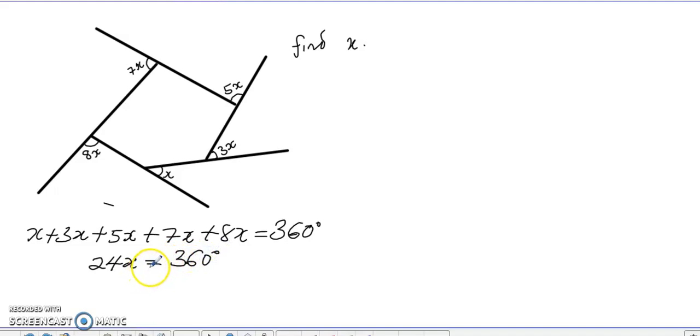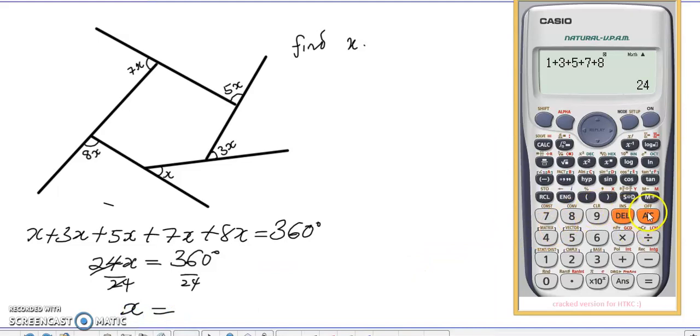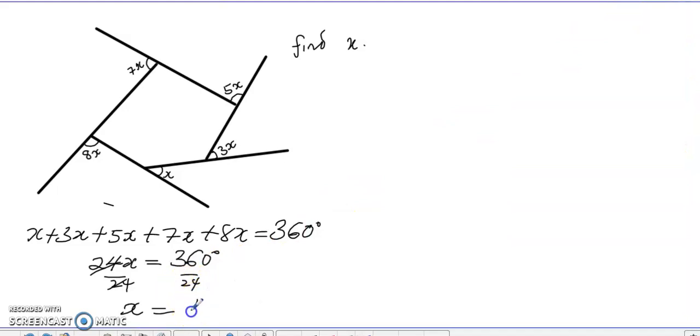What we do here is divide both sides by 24. We have x to be 360 divided by 24, which is 15. So the value of x here is 15. So this completes the irregular polygon.